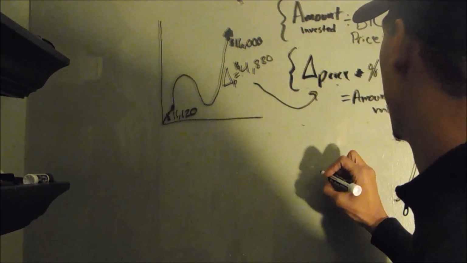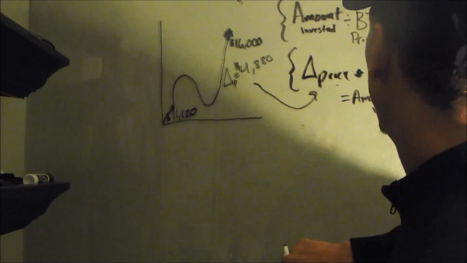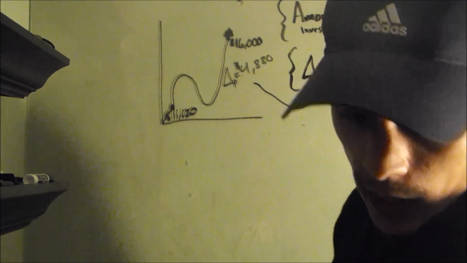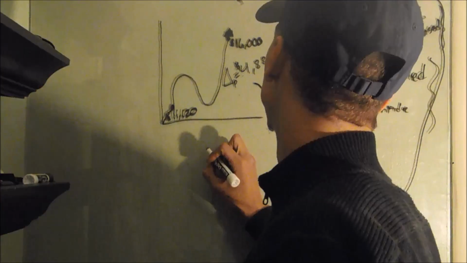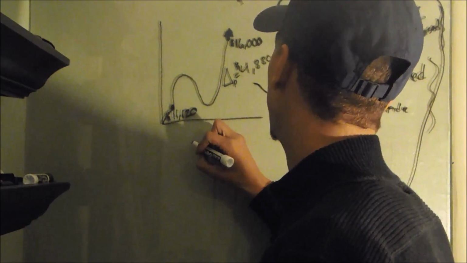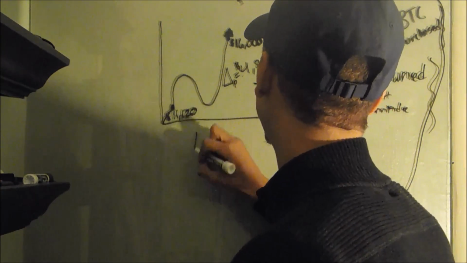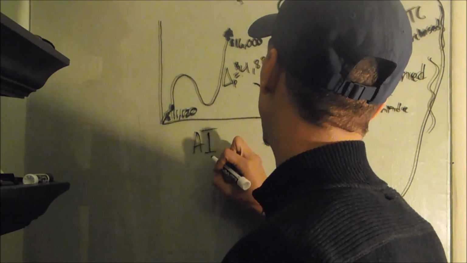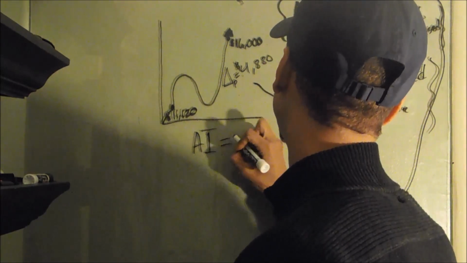Say, in this case, I put in $200, so the amount invested, AI for amount invested, is $200.